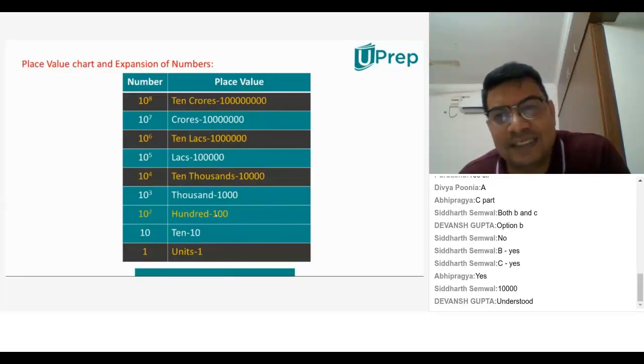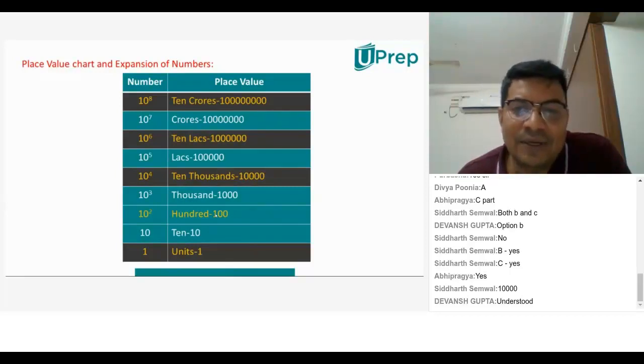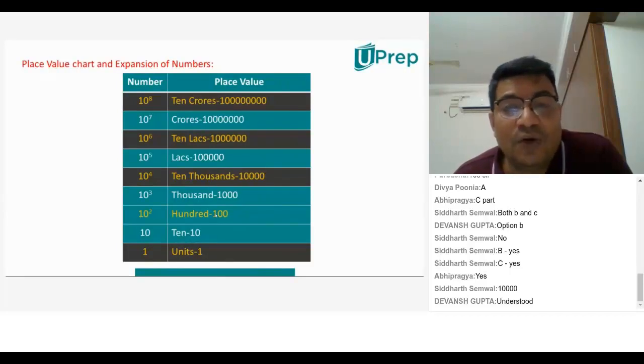10 to the power of 6 is 10 lakhs. 10 to the power of 7 is 1 followed by 7 zeros, so it is called 1 crore. And 10 to the power of 8 is 10 crores. Very simple to understand.